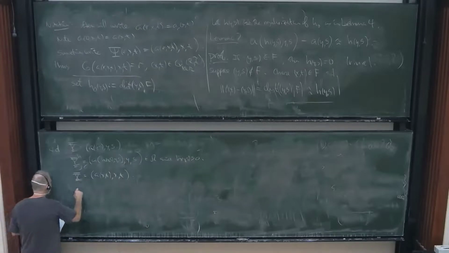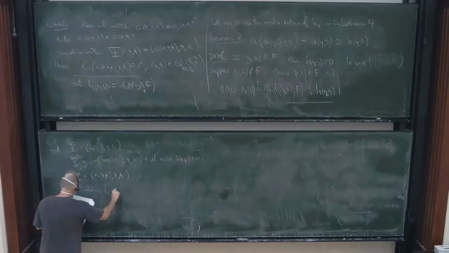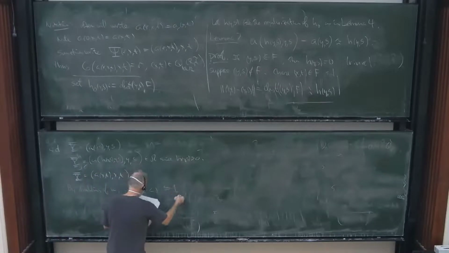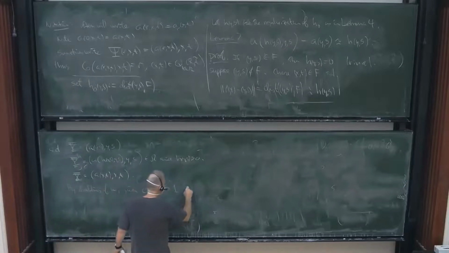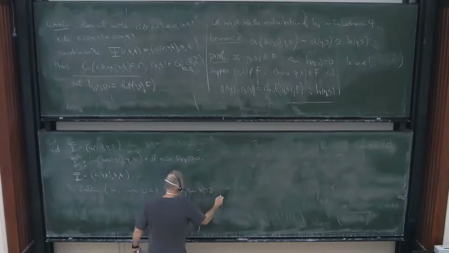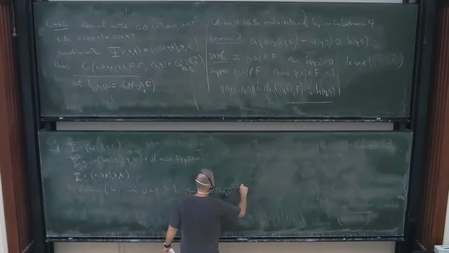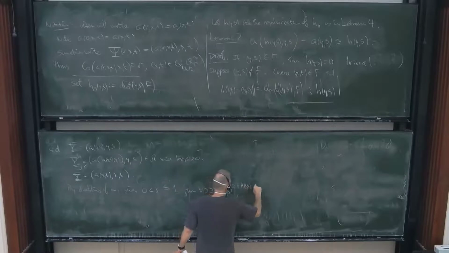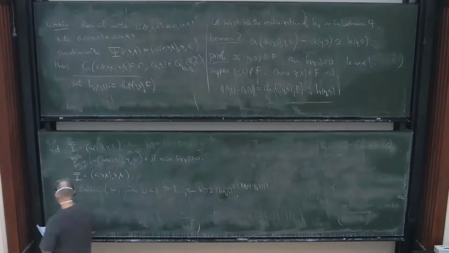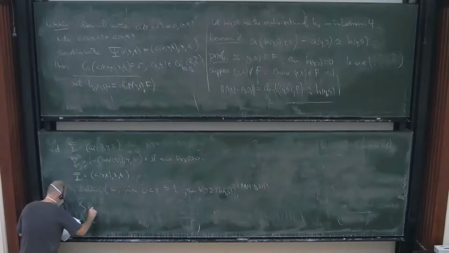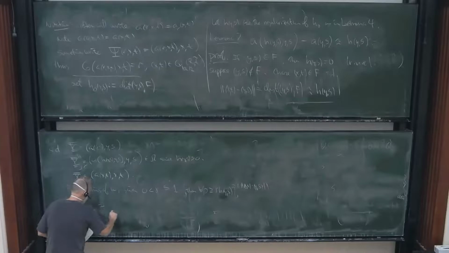All right. So now by doubling of the caloric measure, if we're given a number gamma strictly positive, less than or equal to 1, then for all rho bigger than or equal to gamma h of (y, s), which again means is comparable to gamma times the distance from (x, t) to (y, s), then we get that the average over delta rho centered at Y of k star is comparable to the average.